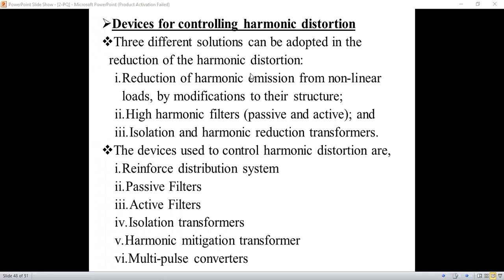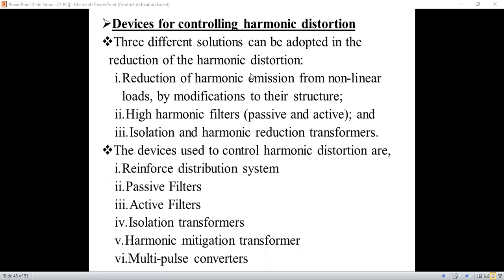How is it possible? The nonlinear devices or loads we are using in the system, we have to modify their structure. By changing their structure, by modifying, by using different materials, we can reduce the harmonic distortion.